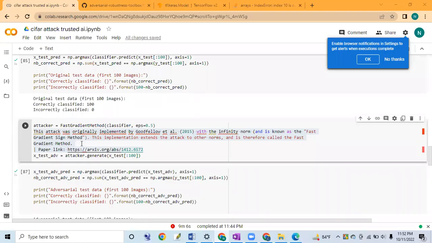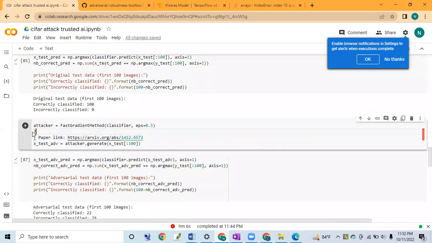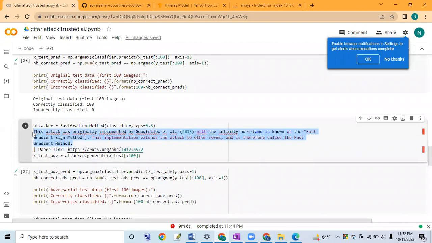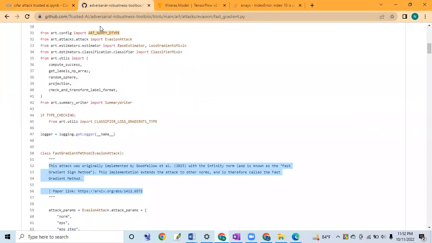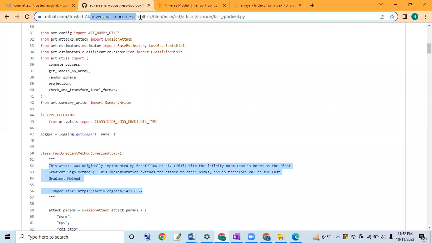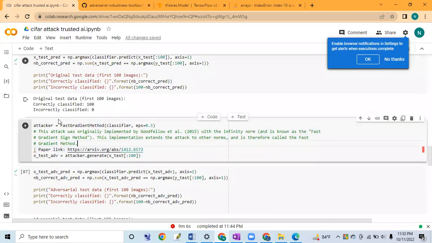Hello. So this is an interpretation of how you can actually read a paper. Here's my code, and I have applied a certain library, the Adversarial Robustness Toolbox, and there was a method, the fast gradient method.